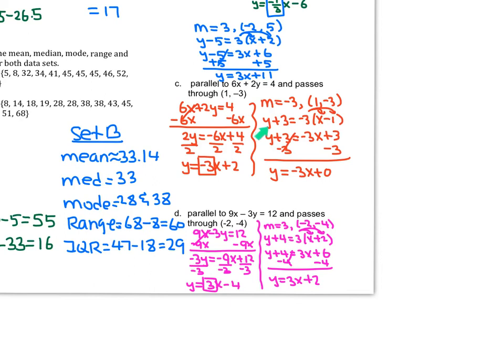I'm going to substitute all of that into the point slope formula. y plus 3, changing the sign, equals my slope, which is this one. x minus 1, because it was a positive, it became a minus. Distribute the negative 3, and I subtract the 3 on both sides, and I end up with y equals negative 3x plus 0, which you can just leave as y equals negative 3x.